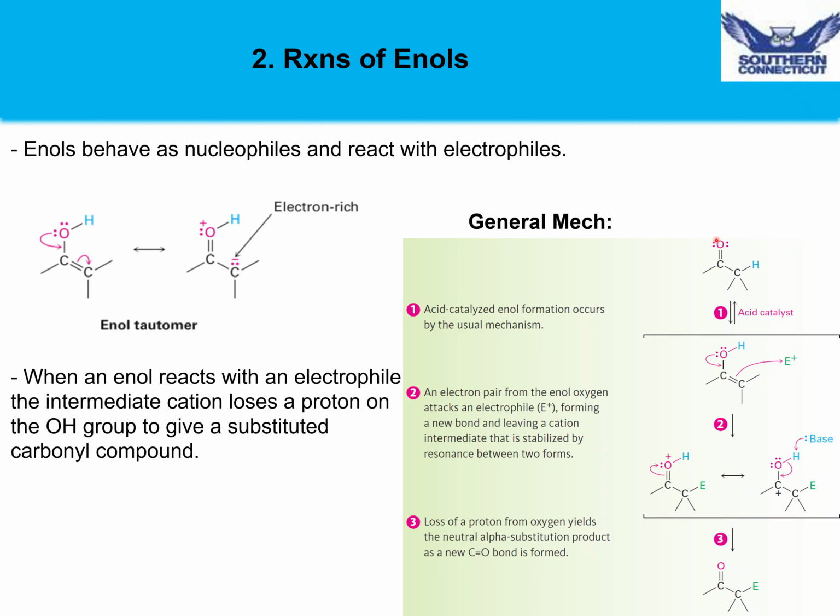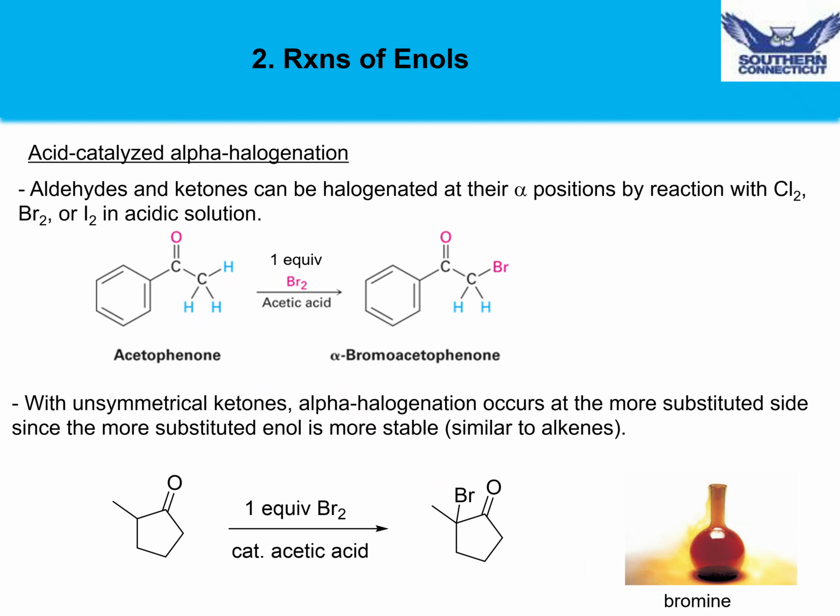Note that the first half of this mechanism is simply an acid-catalyzed conversion of a keto form into an enol, and then that enol will react with an electrophile to add a substituent at the alpha position of the carbonyl. Aldehydes and ketones will react with Cl2, Br2, or I2 under acidic conditions to replace an alpha hydrogen with a halogen.